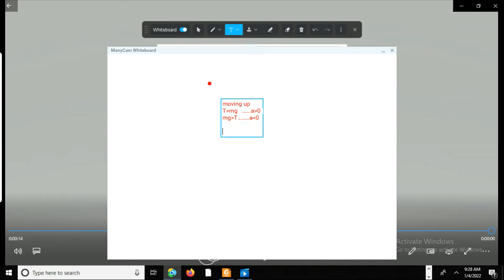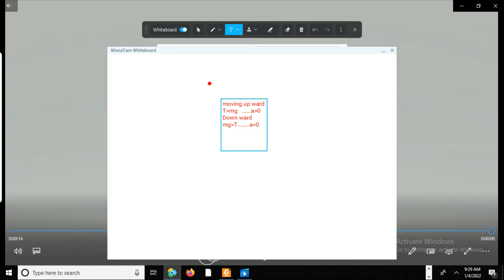So what will happen for upward motion? This is for downward, this is to say downward, moving upward. Okay, moving upward.